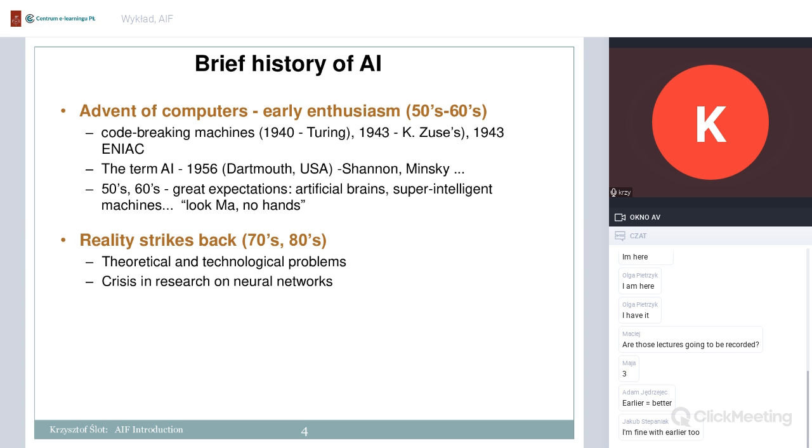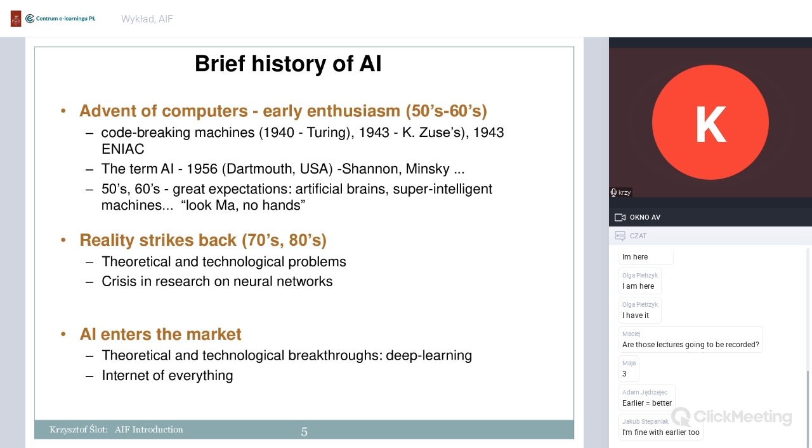And in the 70s and 80s, there was an almost complete closure in financing of artificial intelligence, just because people realized that what can be done using the technology they had and the theory they had was able to solve only trivial problems.